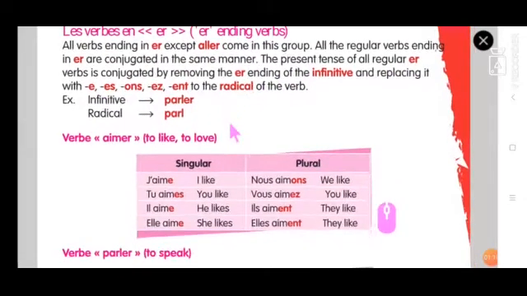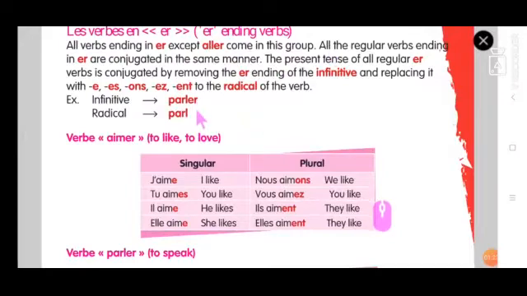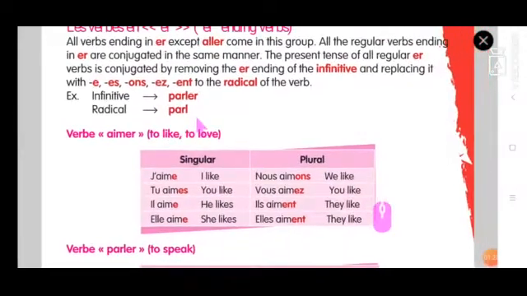Now they are telling about the rules. For example, if this is the verb, you have to take out the ER, by removing the ER ending of the infinitive and replacing it with E, ES, E, ONS, EZ, ENT to the radical of the verb.